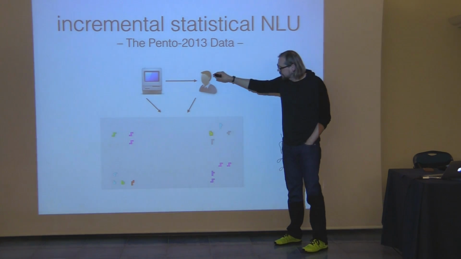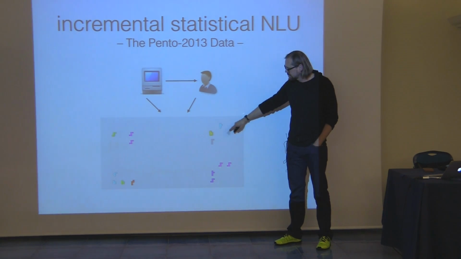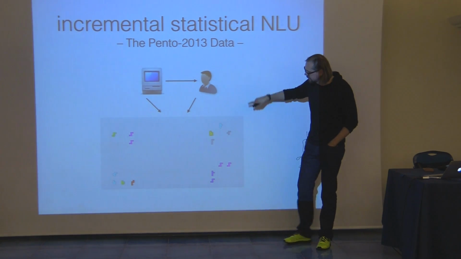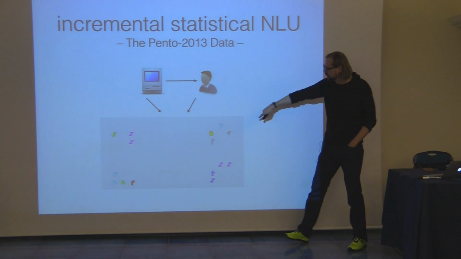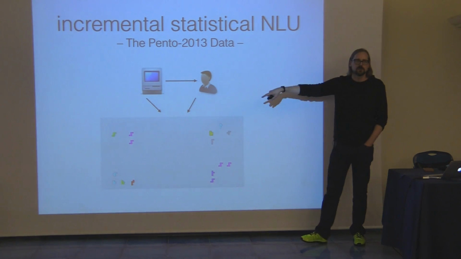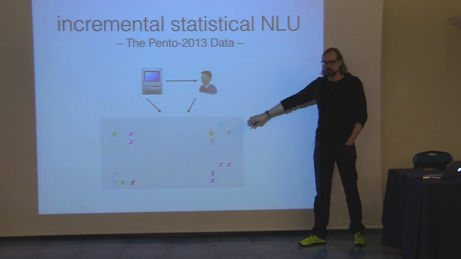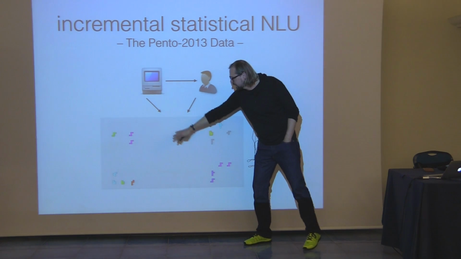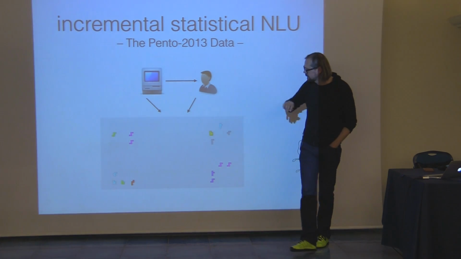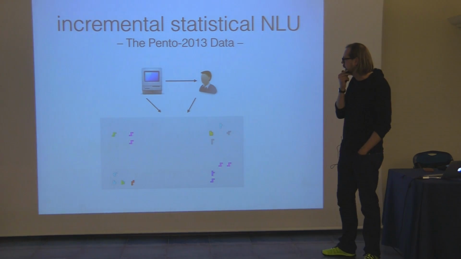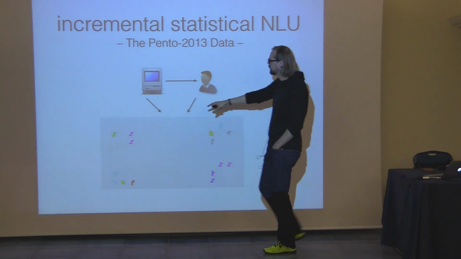It's again a Wizard of Oz setup, but the task is that the person is to think of one of those things, so to develop an intention to make the system identify one of those pieces. So maybe when they see this, they think, okay, I kind of like that one.